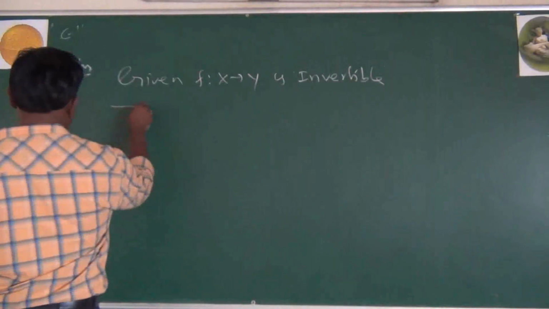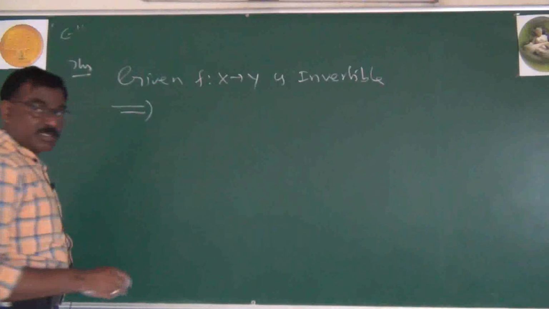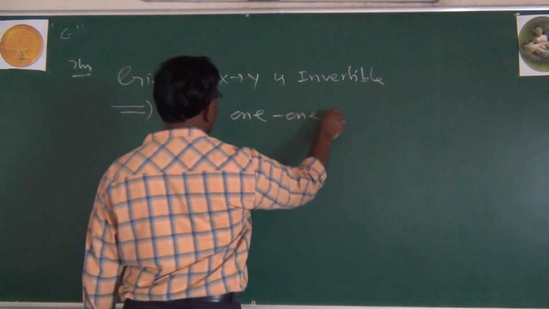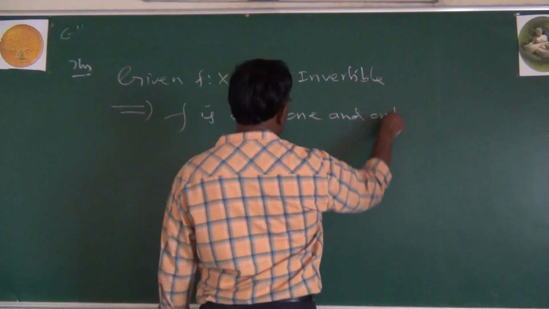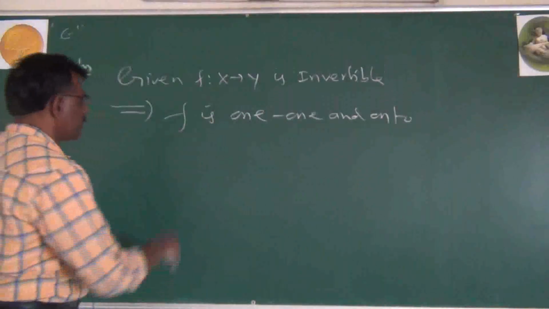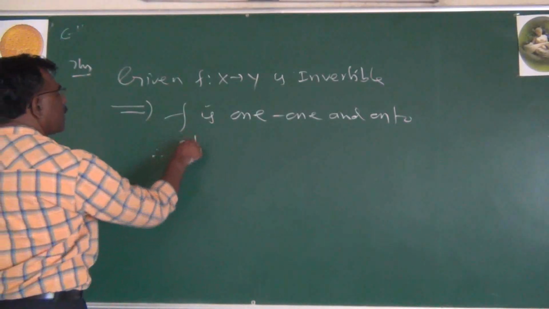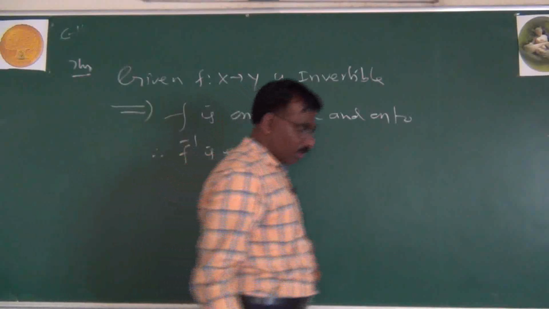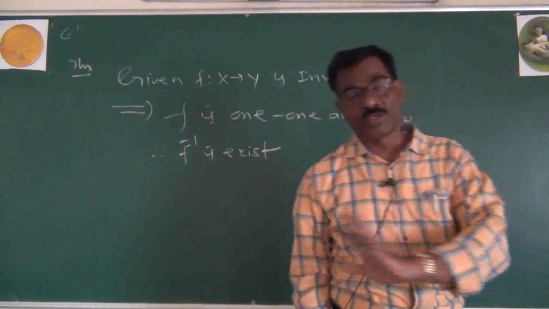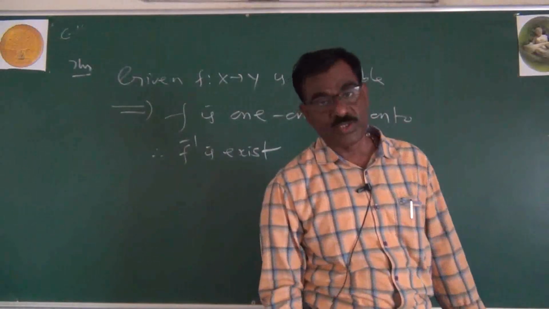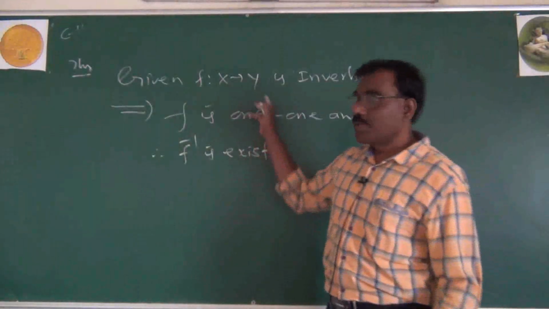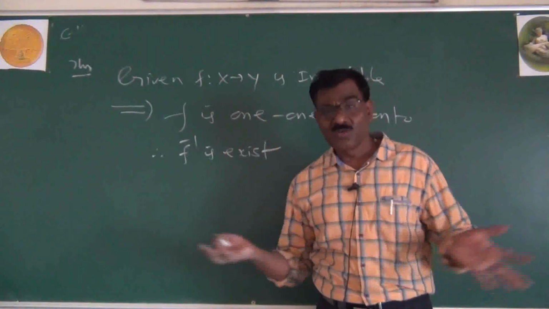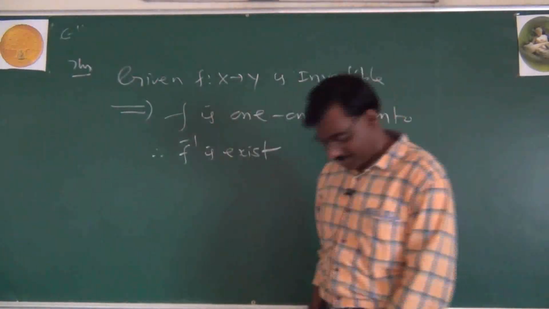Invertible means f is one-one and onto. Therefore f inverse exists.